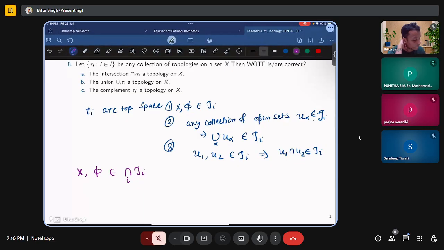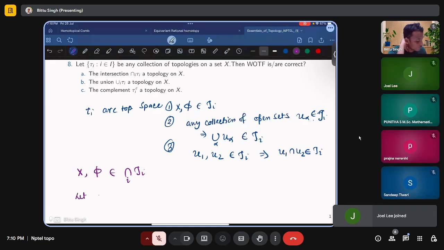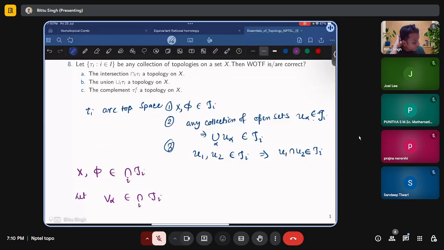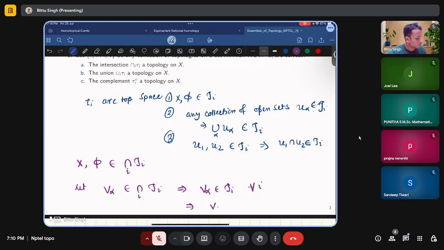Now what about the second one? So let p alpha belong to the intersection of tau I. Okay, I am assuming p alpha belongs to this tau I. Then what about the union of p alpha? It means p alpha belongs to tau I for all I, right? So by the defining property, the union of p alpha also belongs to tau I. This is for all I.